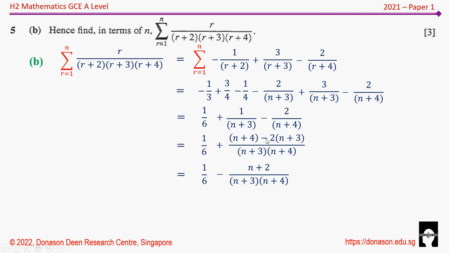So there is a minus n and a minus 6, so I have pulled out the minus sign outside. That leaves the numerator with n plus 2 and the denominator with n plus 3 times n plus 4. So this is the simplification of this whole thing, and for us to gain the 3 marks.